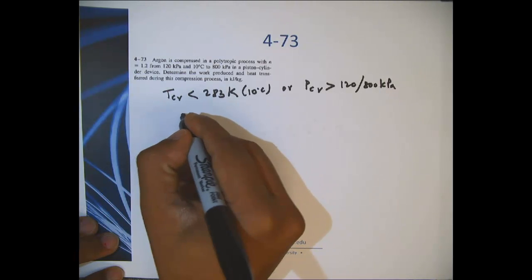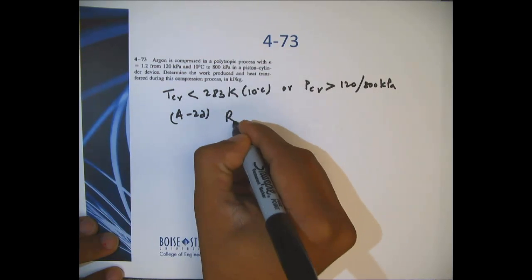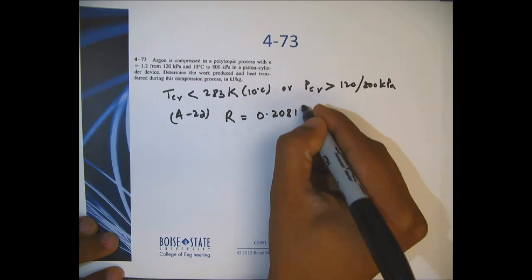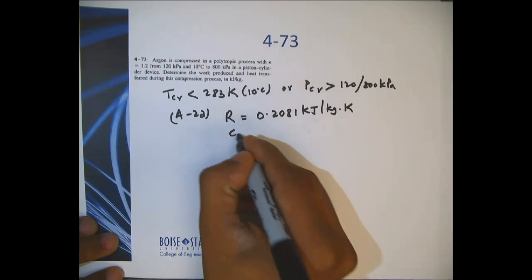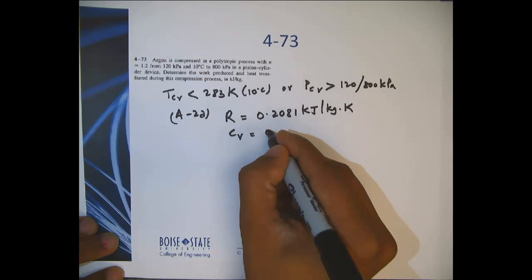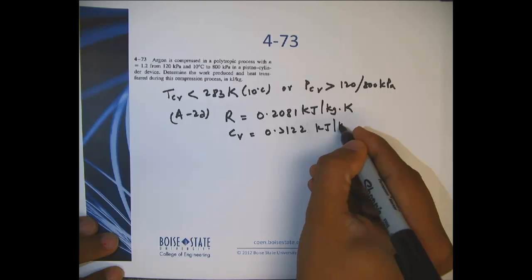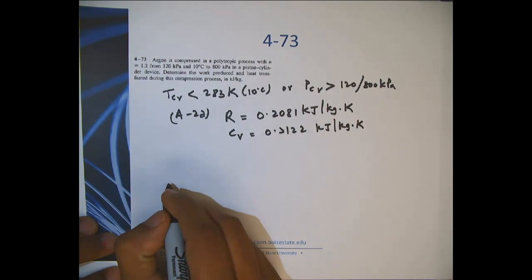So for an ideal gas, from table A2A for argon, I can determine the gas constant. I can also determine Cv, the specific heat at constant volume, and you'll see why I'm going to do it later in a bit.